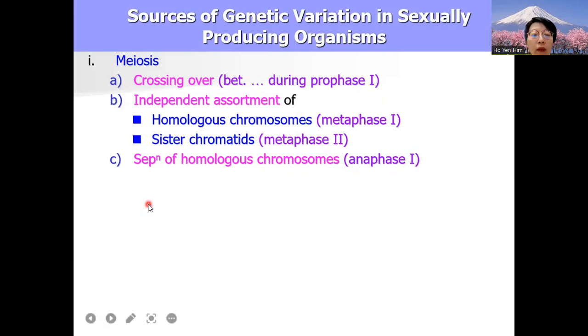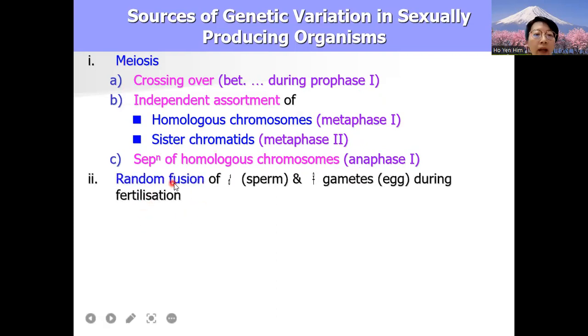So other than meiosis, what else? Number 2, random fusion of male and female gametes. Because the mother's ovary can produce many gametes, which are called the eggs, and the father's testes are the place where sperms are produced. So the father's testes can produce many sperms, the male gametes. They are all genetically variable.